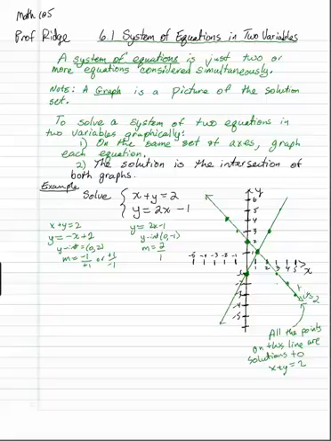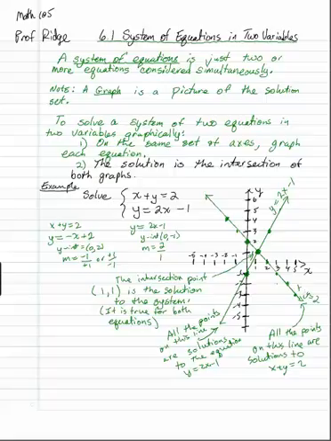Now again, all the points on this line are solutions to y equals 2x minus 1. And then the intersection is the solution to the system. That's the point that's true for both equations. So our solution to the system is the point (1, 1).